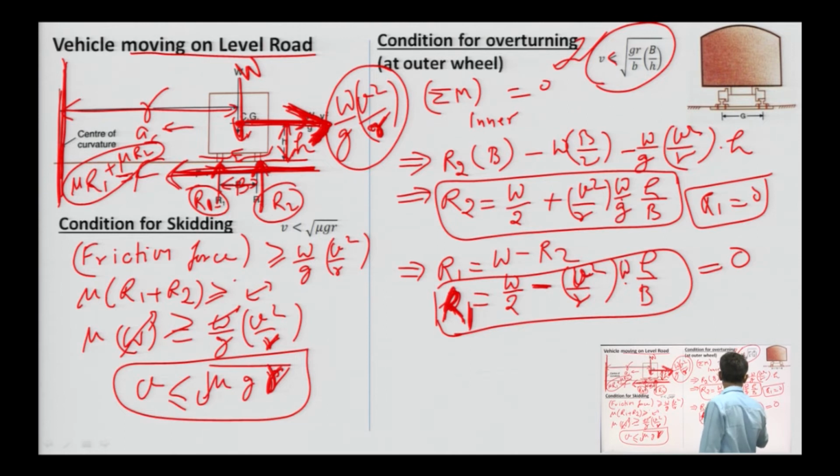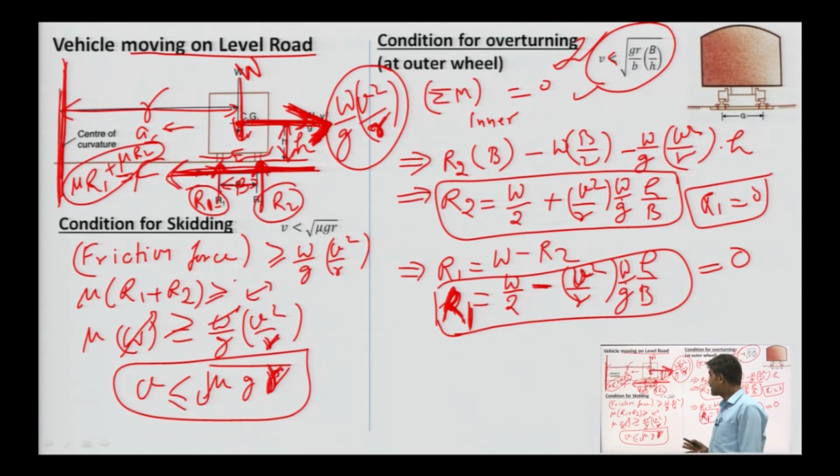By equating this to 0, we get the value. So, when the velocity is less than this, then our vehicle is safe against overturning.